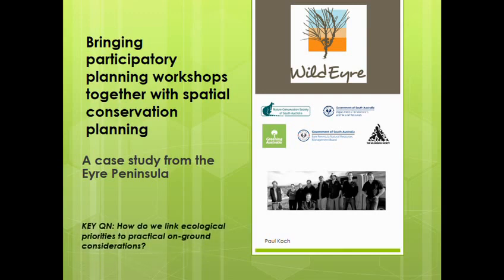A key theme for the presentation is how we link ecological priorities to practical on-ground outcomes. In my experience, ecologists and GIS nerds like myself tend to think a bit differently to practical on-ground types that are busy getting on with doing stuff.